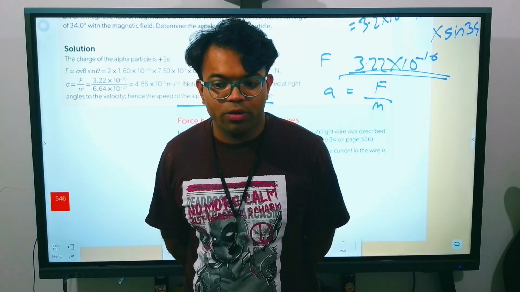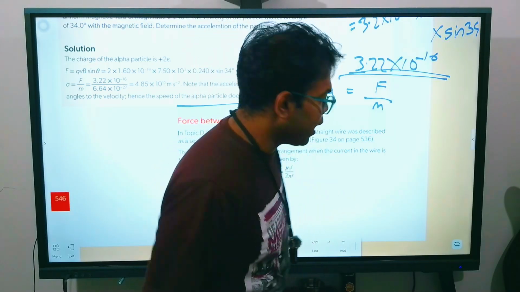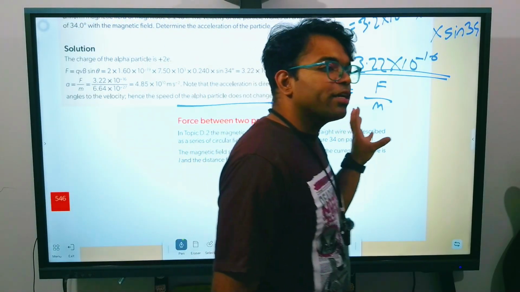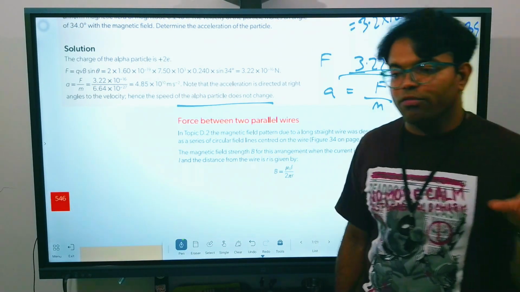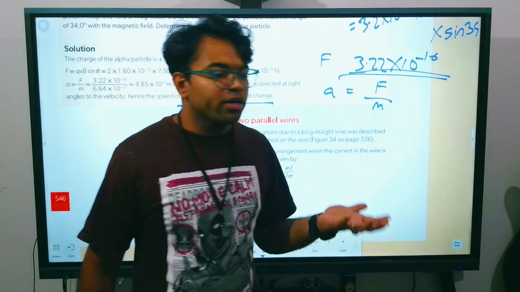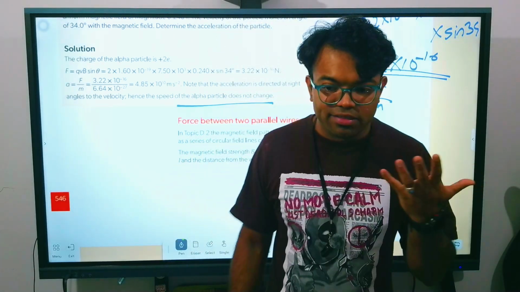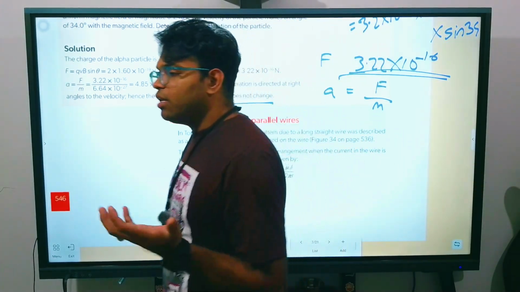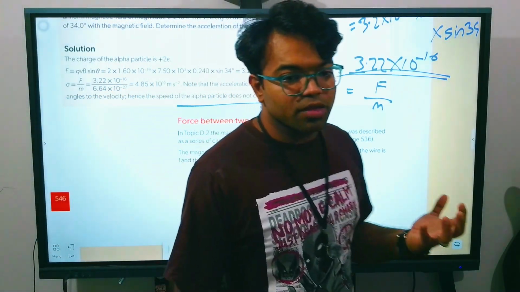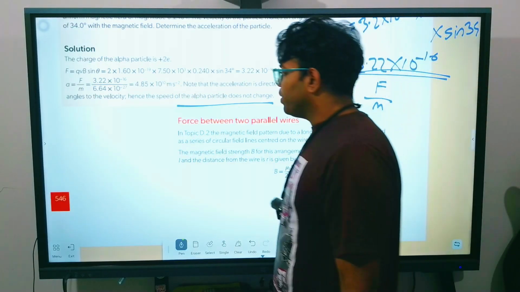Understood? In the same way, because the magnetic field is acting perpendicular to the velocity of the charge, the magnetic field will not be able to do any work. Even if you have acceleration, it will not be able to change the speed of the charge.